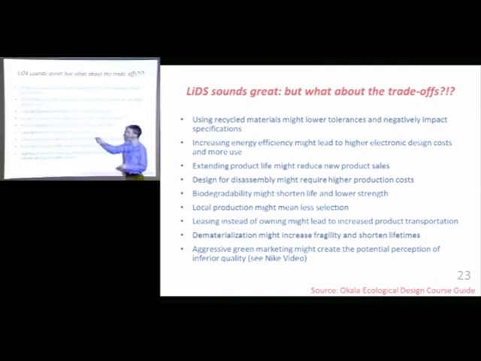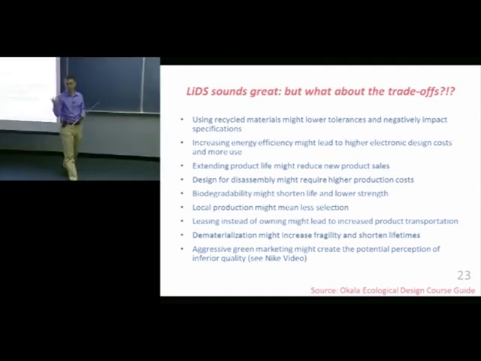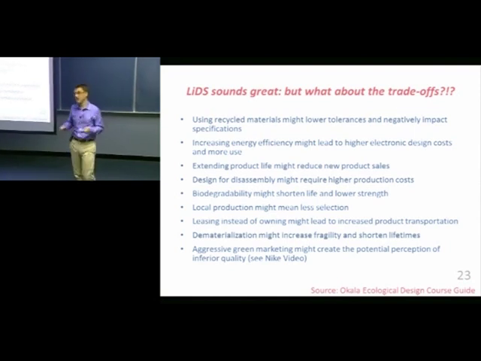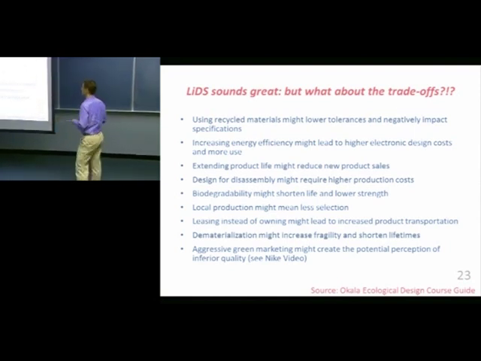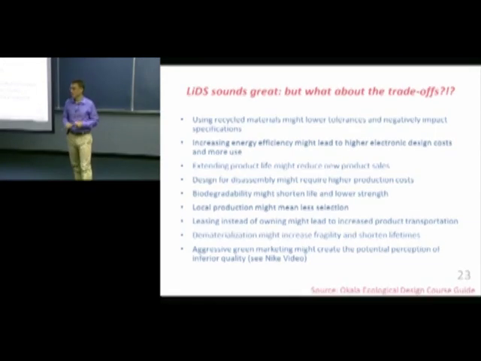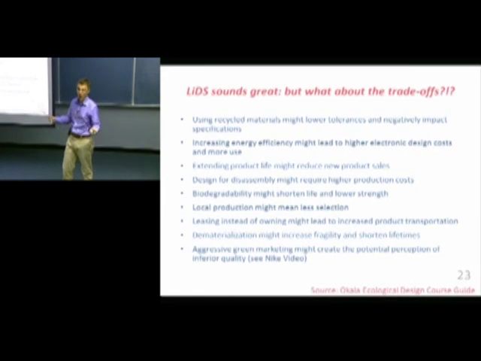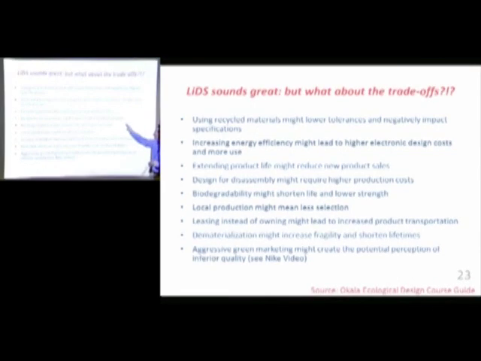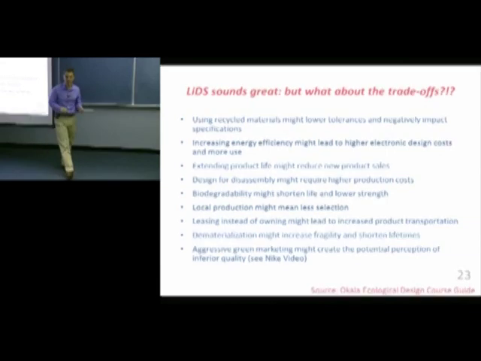So if you design something to be disassembled, depending on the fasteners you use, it might cost more and therefore be less profitable. And when you stop and think about whether that design was actually required, there's regulation in Europe, of course, for producer responsibility where that disassembly may be required. It might make sense to actually do that from a profit perspective, but in other places it may not.